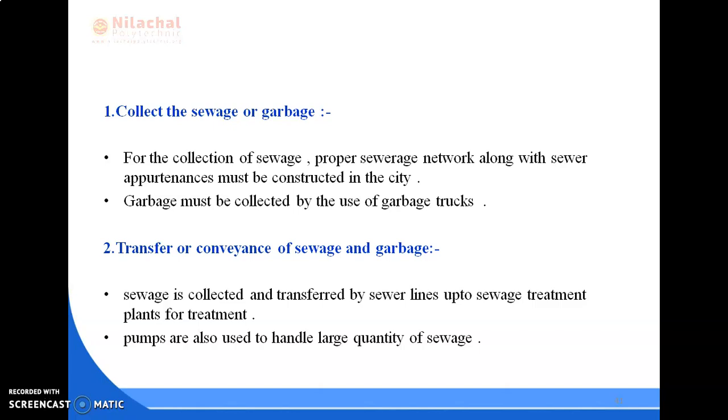If it is necessary, or if we think that we can get something from the output of the treatment, only then do we send this sewage to the treatment plant. Otherwise, we can directly dispose of this sewage to the garbage site or to the river or to the stream or to the sea as per our requirement. Somewhere pumps are also used to handle large quantities of sewage.